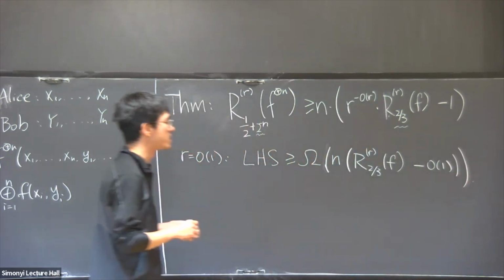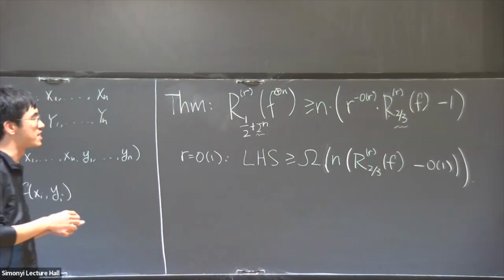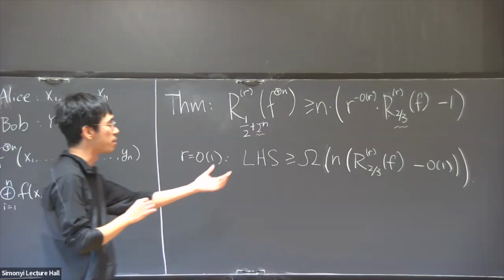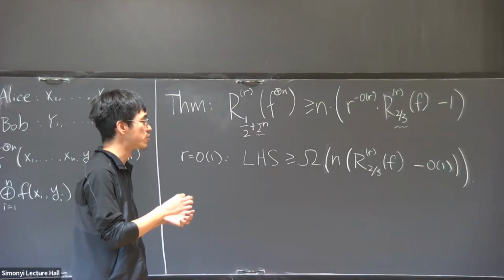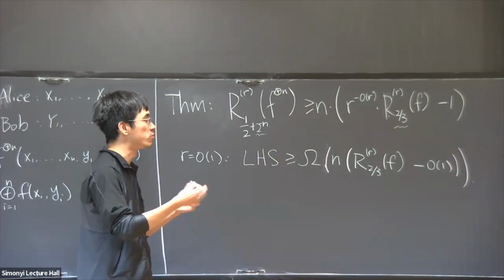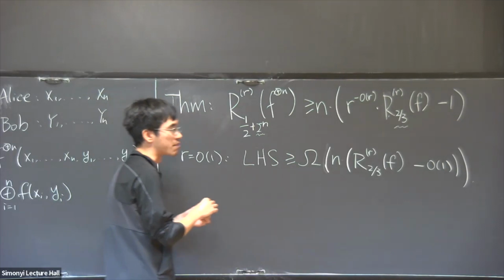This basically means that as long as the complexity of f exceeds some constant that depends on r, then the best thing you can do is just to repeat independently n times. The complexity has to be Omega(n) times more.